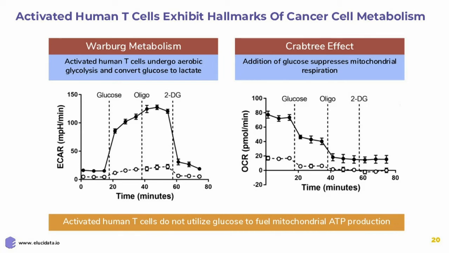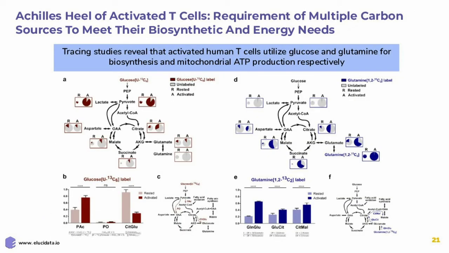And so to address those questions, we turned to a classic labeling experiment where we took these T cells, kept them in either resting or activated state, and then added isotopically labeled glucose, uniformly labeled glucose, or glutamine to these cultures.